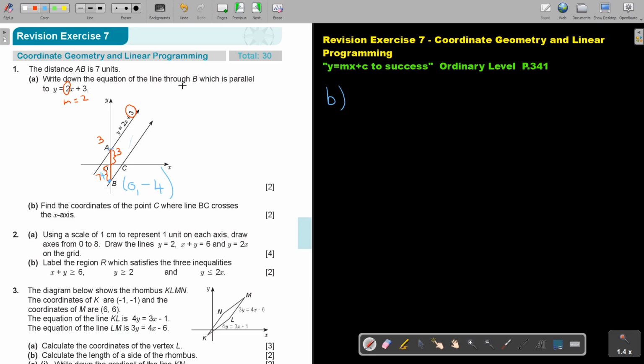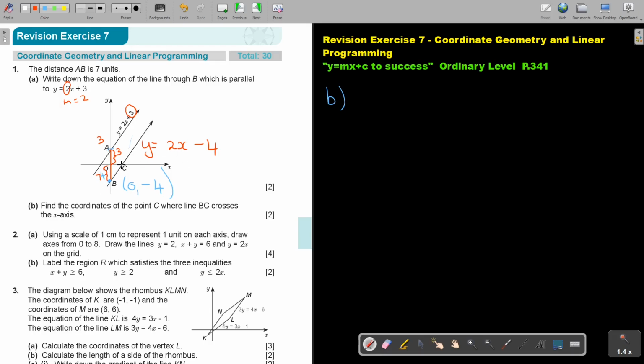You were just finding the line through B, which is parallel to that one. So I know that this line is y is equal to 2x minus 4. That is because it's parallel. It shows you in the sketch. And it's going through point B.